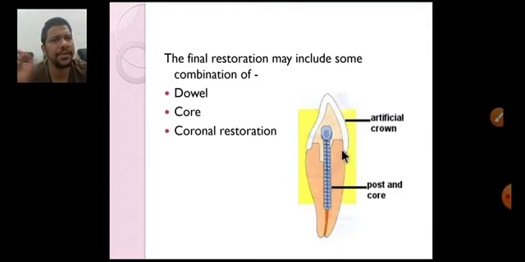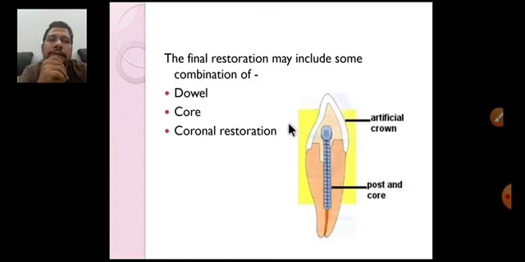When you use a prefabricated one, the materials of the post and the core will be dissimilar. The post is metal and the core material may be a composite or miracle mix, or amalgam. Usually miracle mix, over which you are supposed to give a crown. The artificial crown will be given.